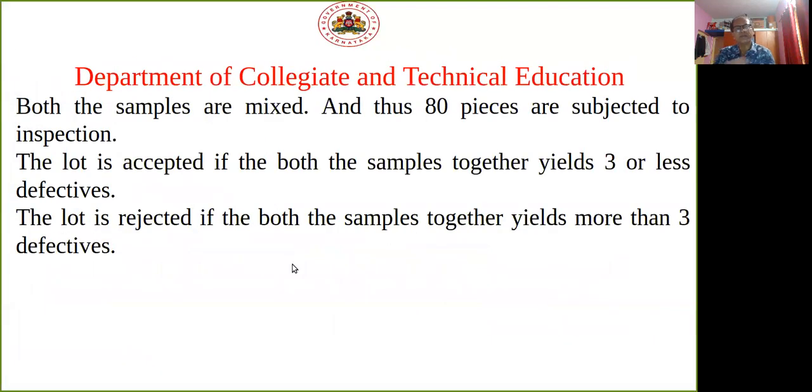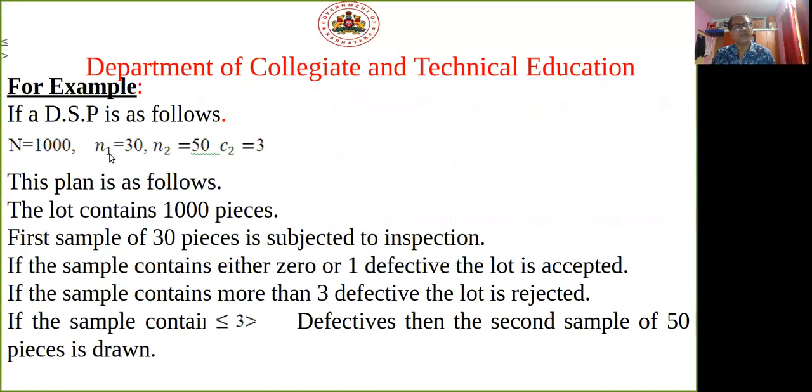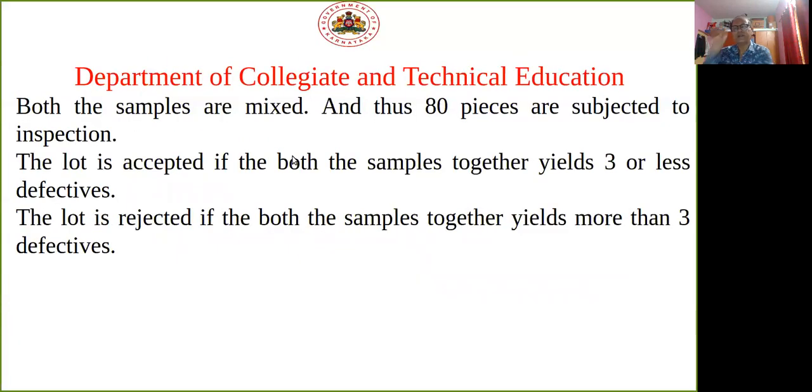Both the samples are mixed now, sample number 1 and sample number 2, and thus 80 pieces are subjected to inspection. How did we get the 80 pieces? Because the first sample has 30 pieces and the second sample has 50 pieces, and when you mix them together you get 80 pieces. The lot is accepted if both the samples together yield 3 or fewer defectives.